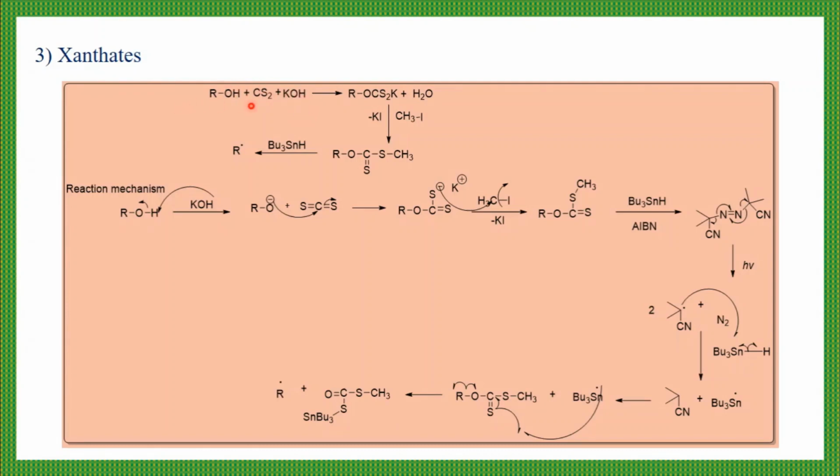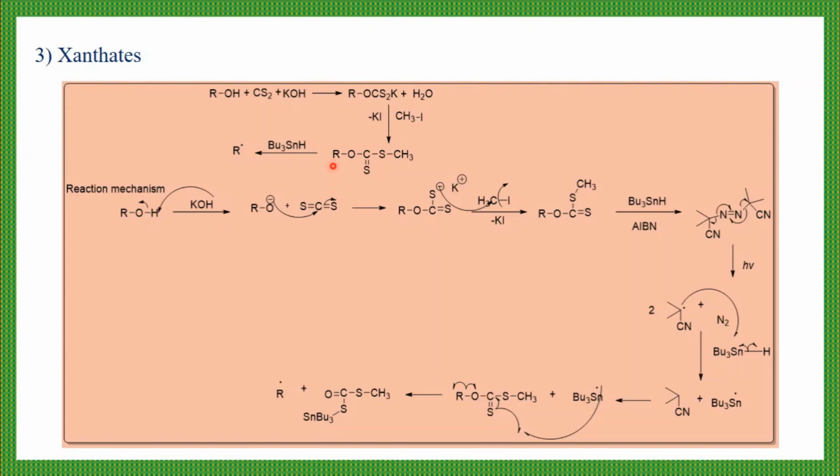The reaction between these three reagents takes place, and you will get RO-CS2 K plus and H2O. Then this will react with methyl iodide, and you will get this xanthate. The name of this molecule is xanthate.